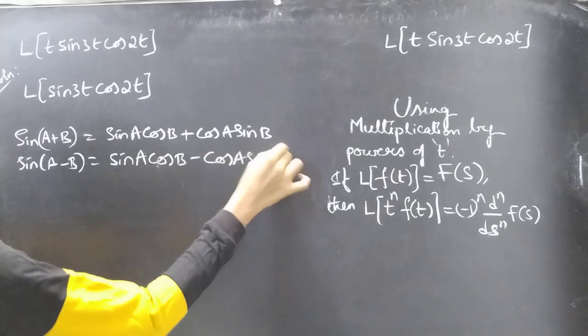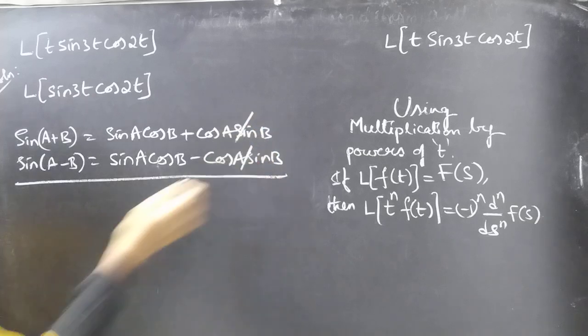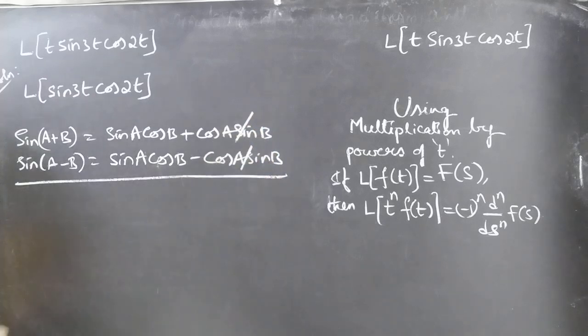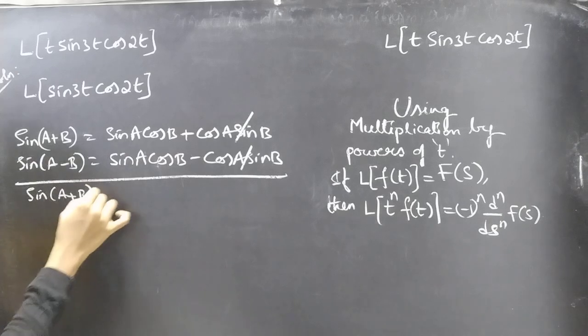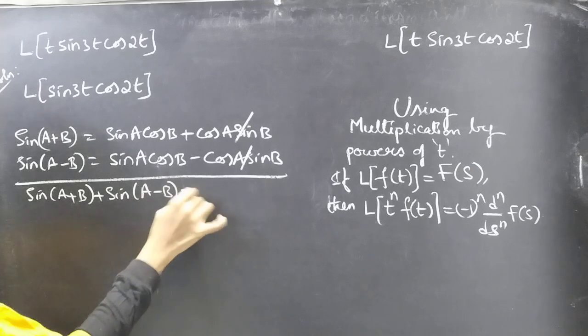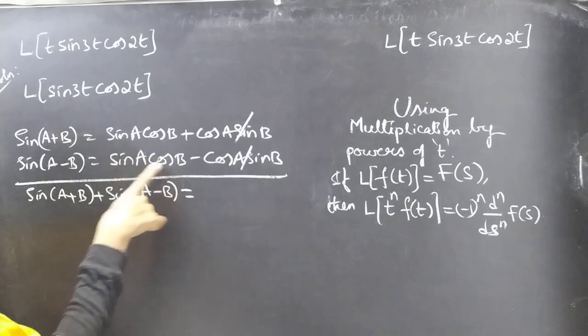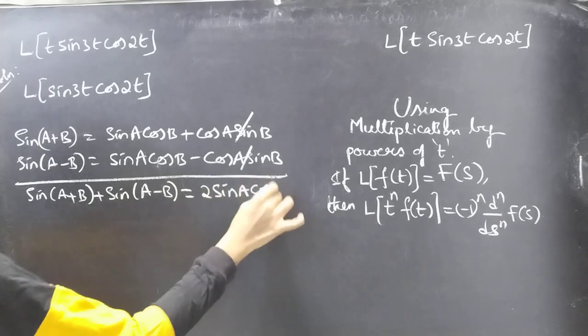If you add these two, cos a sin b and minus cos a sin b get cancelled, and you'll get sin(a plus b) plus sin(a minus b) equal to sin a cos b plus sin a cos b, which is 2 sin a cos b.